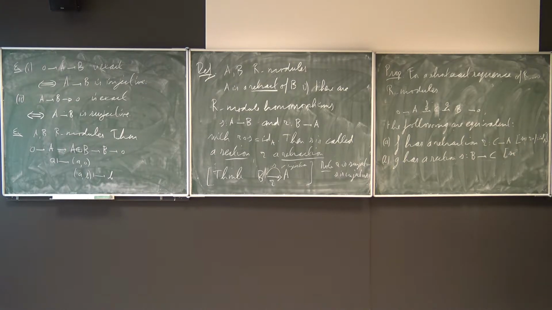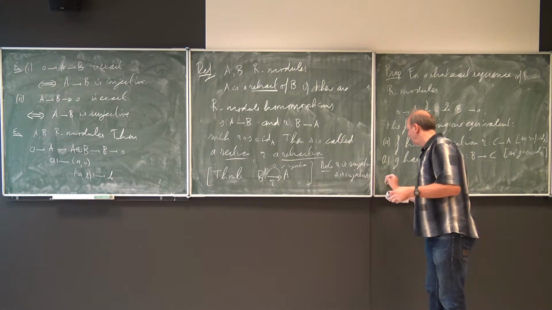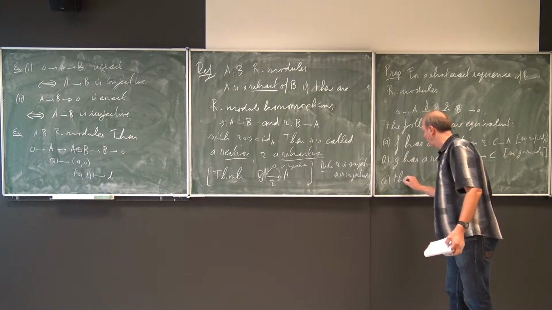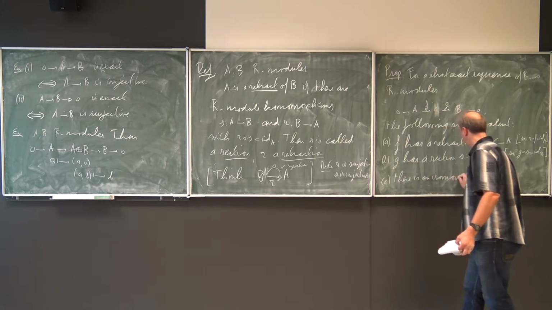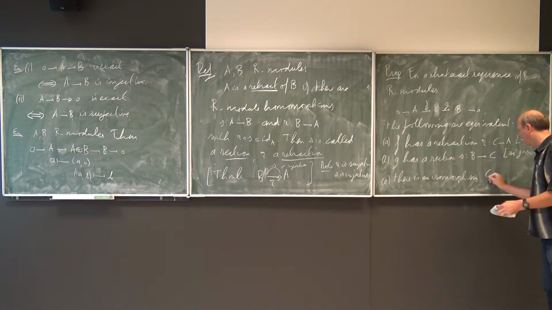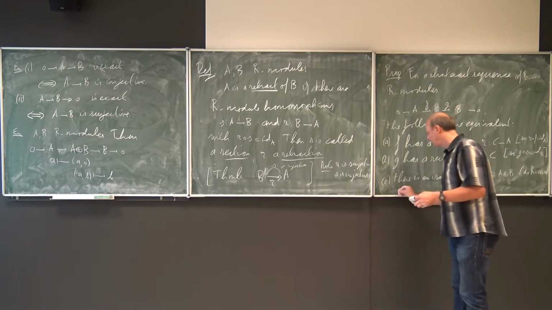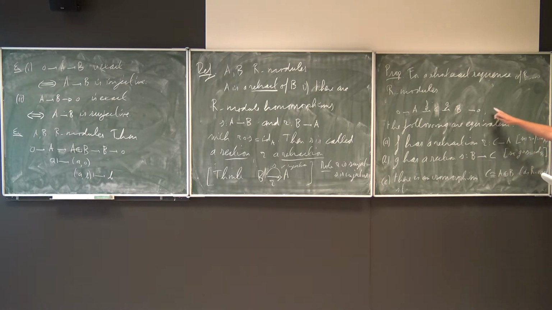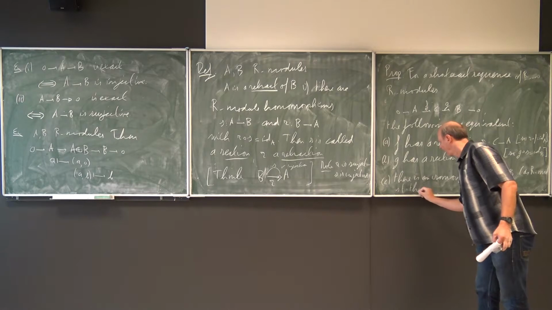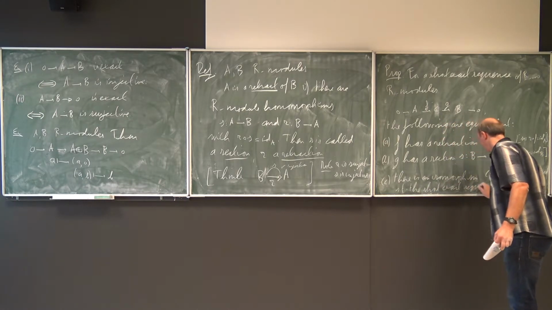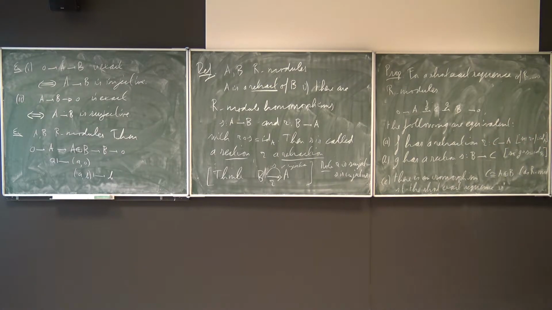That means in this case, if I first apply S and I follow it by G, then I get the identity on C. And number 3: there is an isomorphism of B with the direct sum of A and C, of course as R modules, such that the short exact sequence we have here is, let me first say in quotation marks, just the direct sum exact sequence.